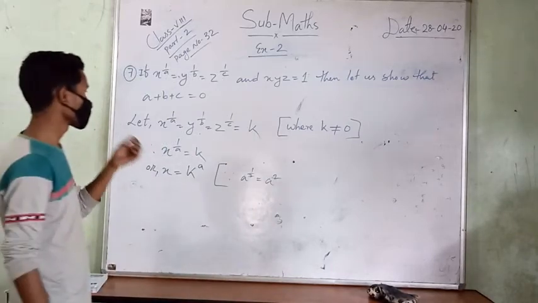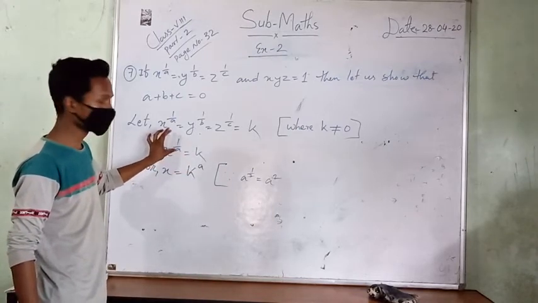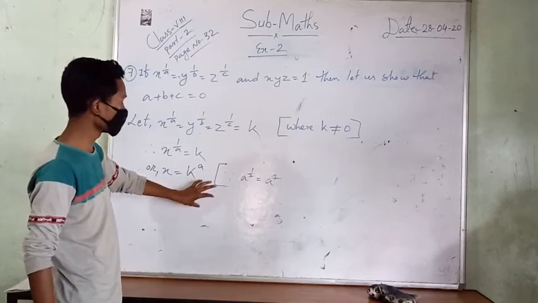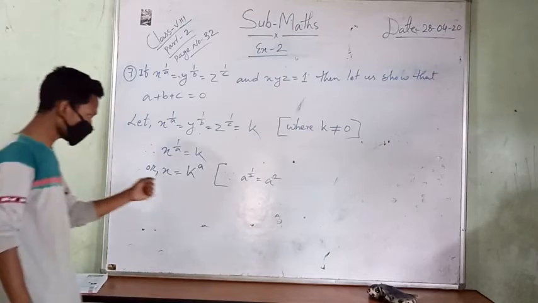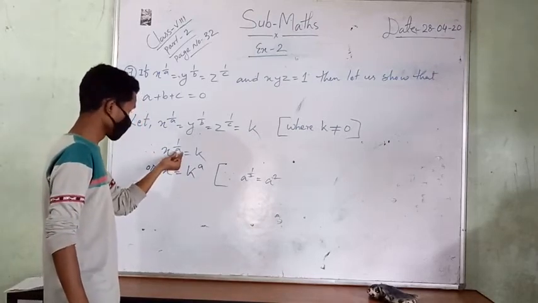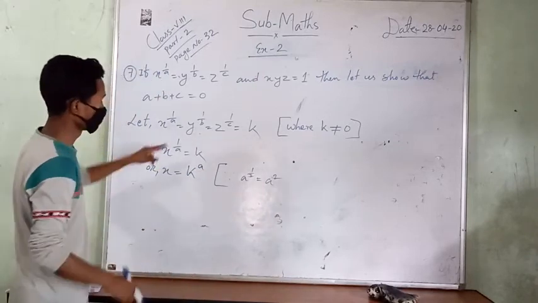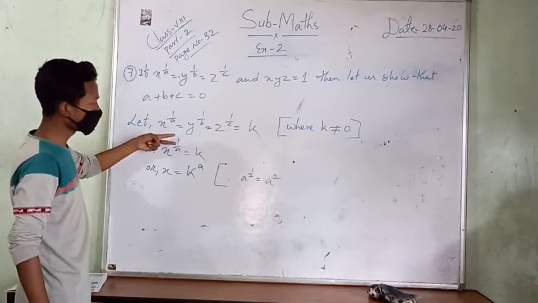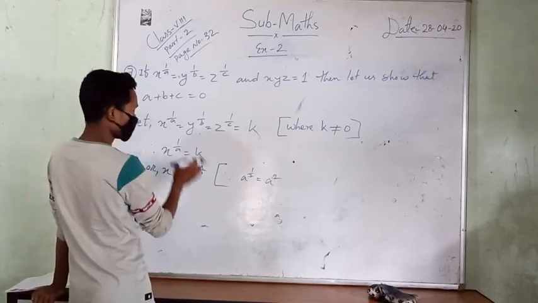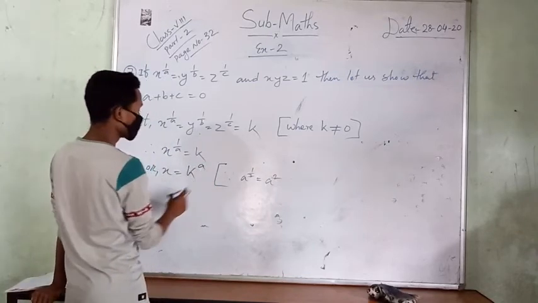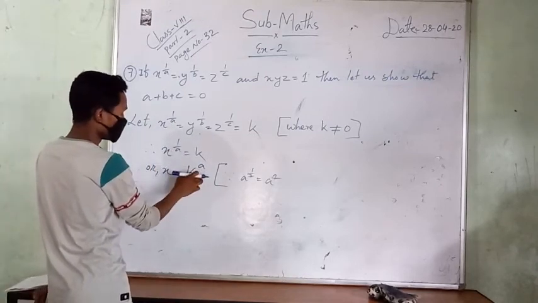If there is a fraction, it goes to this side and is inverted. You have to remember the power will be changed there. 1 goes there and a goes outside.